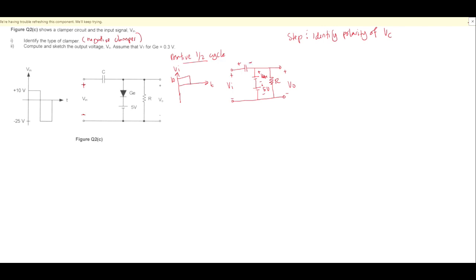Because the current will flow from high potential to low potential, the polarity for the capacitor must start with positive followed by negative, bukan daripada negative to positive. Dia mesti follow the right polarity lah, from high potential to low potential. So this one is VC.